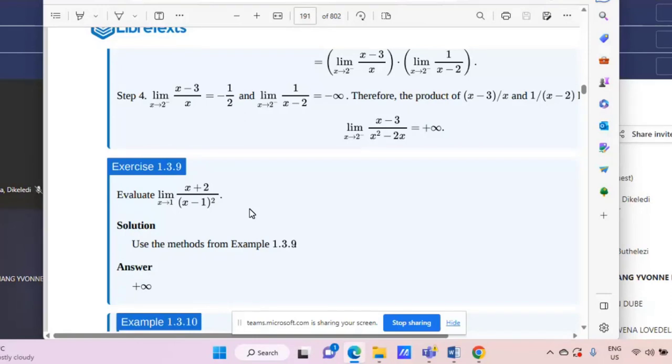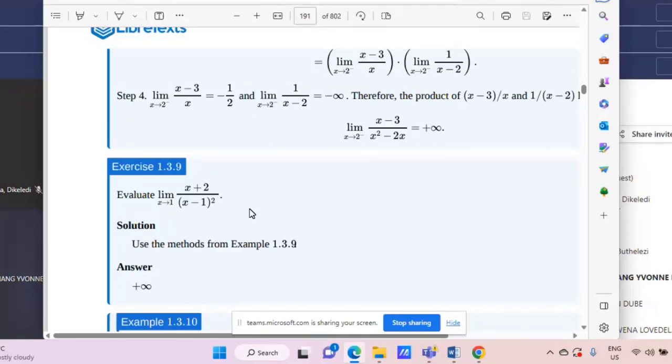Where I see x, I substitute 1. So in x plus 2 over x minus 1, I substitute 1 where I see x, and I got 1 over 0, which is positive infinity.